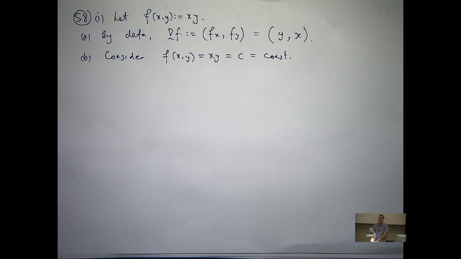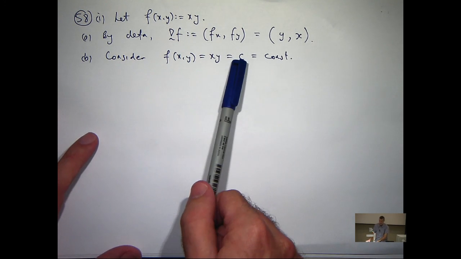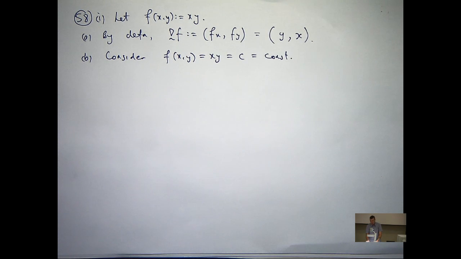Let's start off simply. If c is 0, what does that give you? It gives you xy equals 0, so either x is 0 or y is 0. That means you're going to get the coordinate axes in the case c equals 0: x equals 0 or y equals 0.